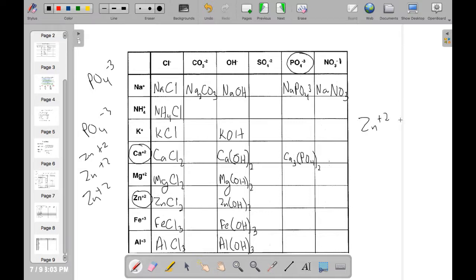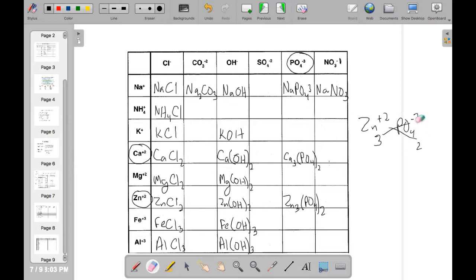Zinc plus 2, phosphate minus 3. Yet again, the 3 goes here, the 2 goes there. So I have zinc 3, phosphate 2. Once you can do that, you pretty much already can do this entire chart.